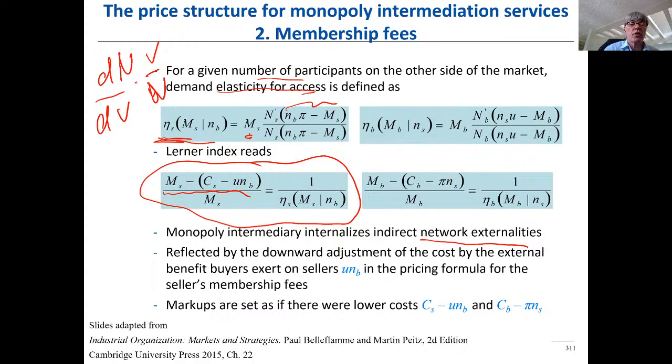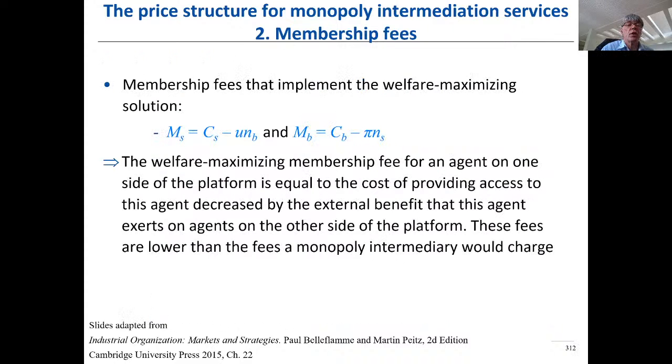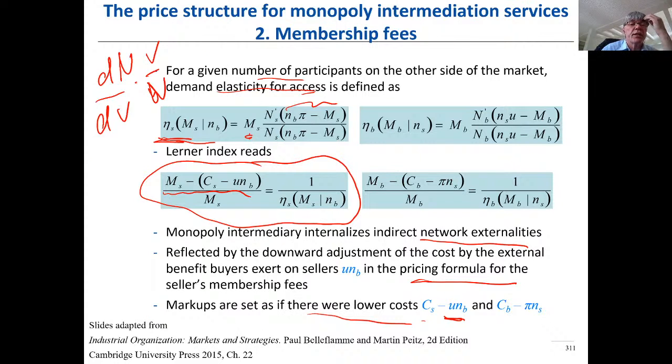Okay, so here we have some pricing formula, and these markups are set as if there were lower costs, not CS, but CS minus this externality. Okay. Yeah, okay. That's what we have here.